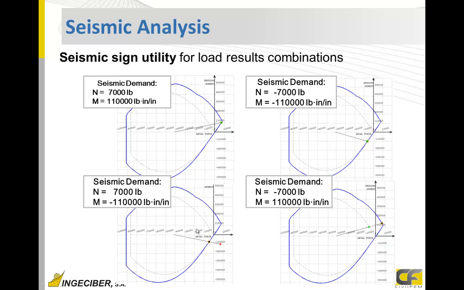With these four options, we can see that with axial positive, that is tension, and bending moment negative, the section that was designed for the all-positive and all-negative values doesn't fulfill the check for this combination.